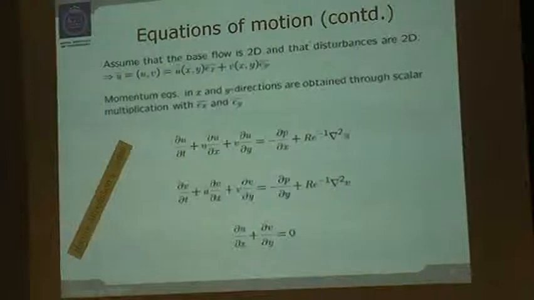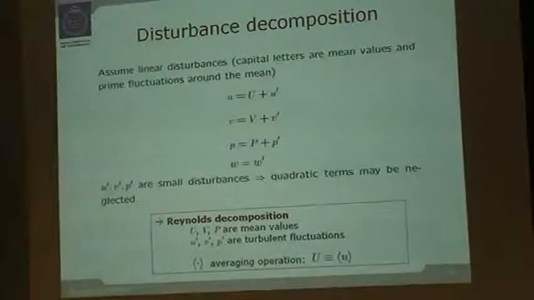And then what Henrik was doing before was to introduce a decomposition into a mean value and a fluctuation value. We have this capital U plus U prime in the fluctuation value. So you do that for all the velocity components, you do it for the pressure, you also can do it for the third direction if you want to consider three-dimensional.